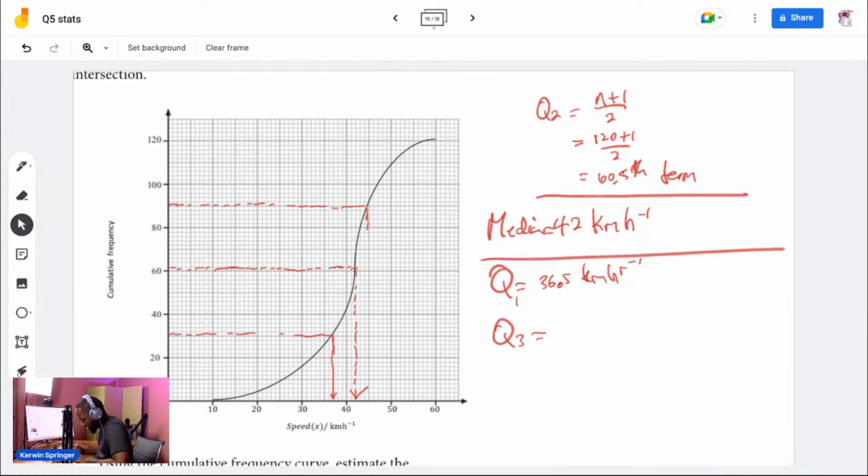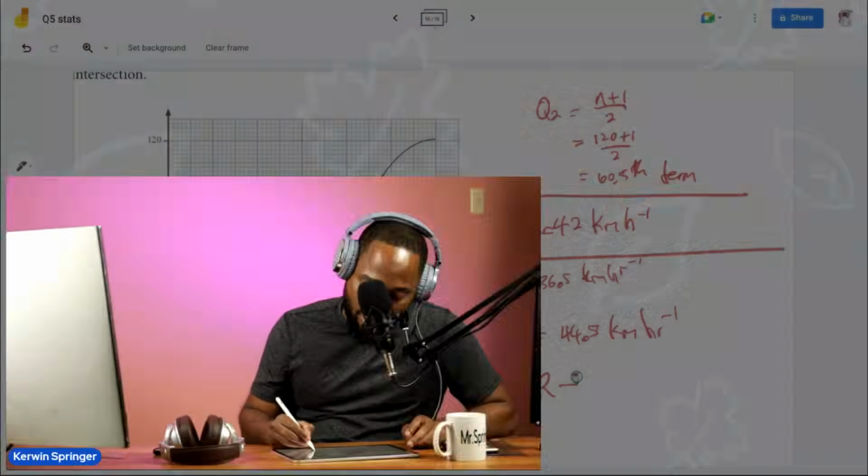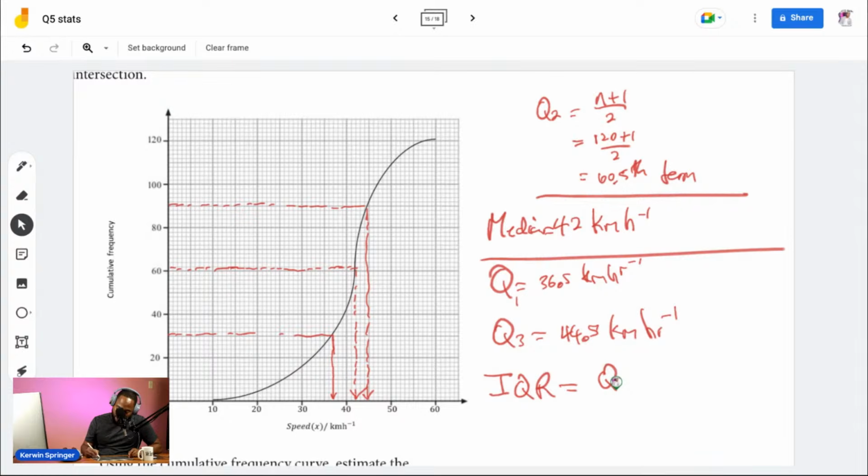It's looking like 44.5 kilometers per hour. Now if you want the interquartile range, fondly known as IQR, you just say Q3 minus Q1. So that is 44.5 minus 36.5.